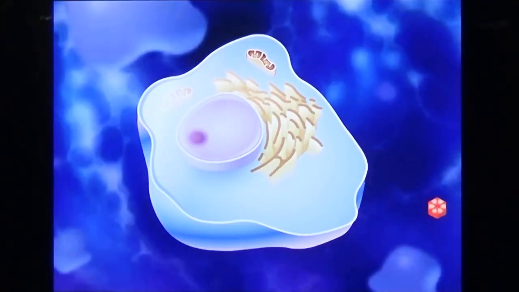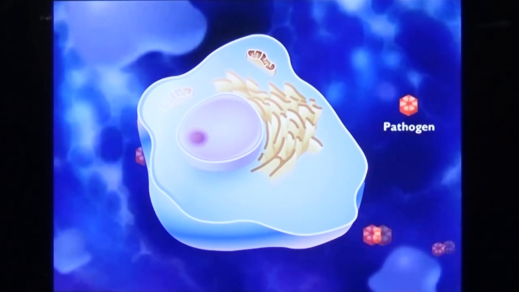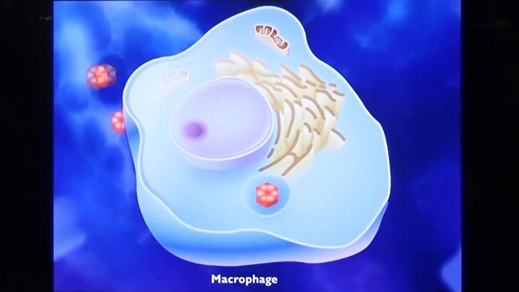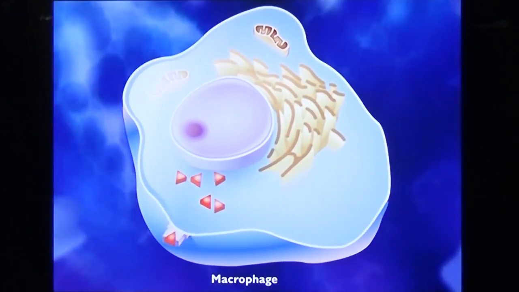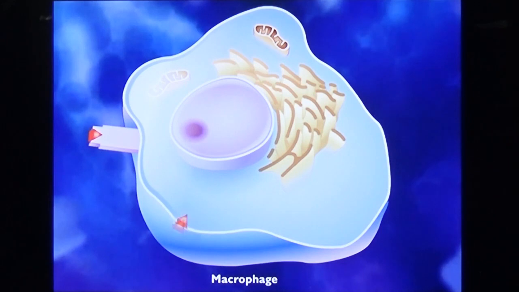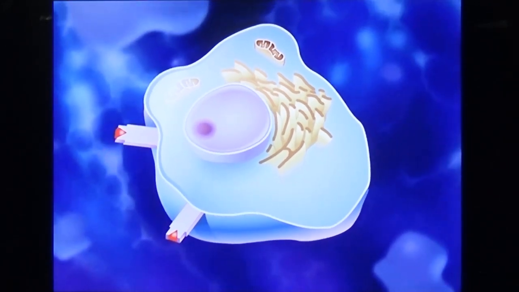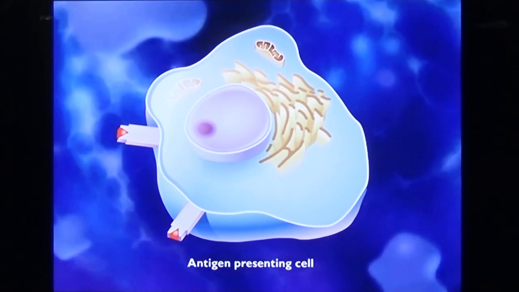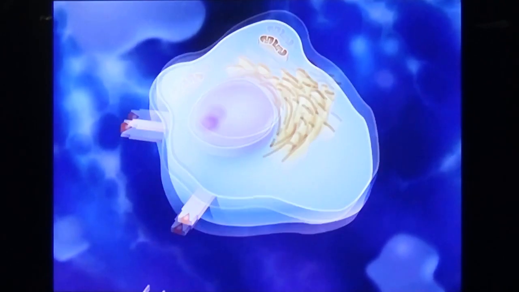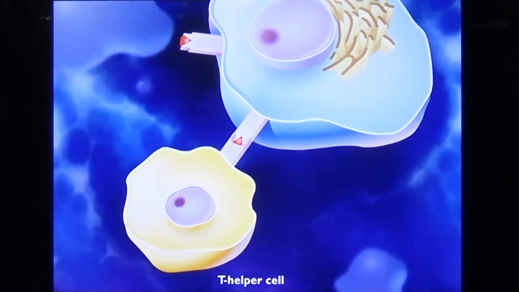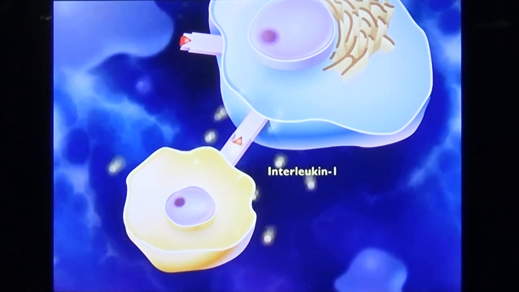Now, we can have a look at a diagram here. When pathogens come into the body, body cells start presenting antigens. These are known as antigen presenting cells. They combine with T helper cells, and after combination with T helper cells, they secrete interleukin 1.